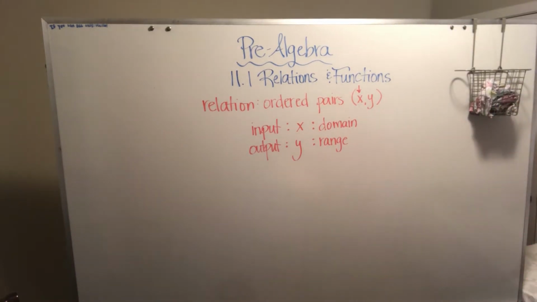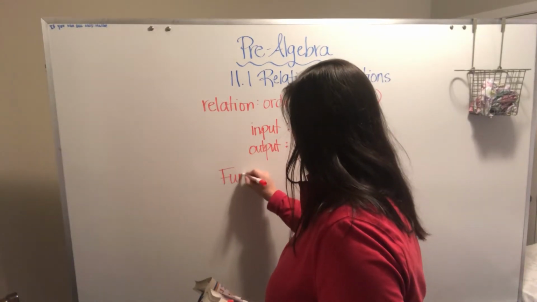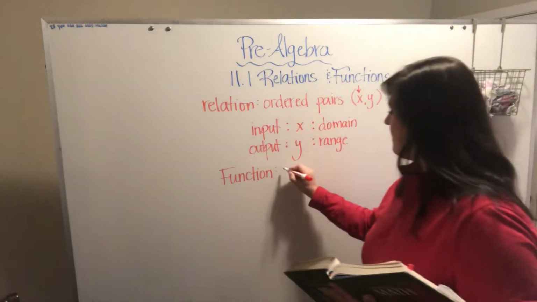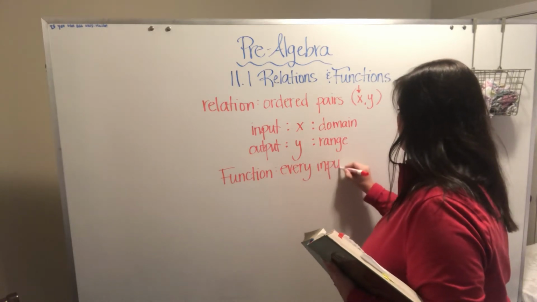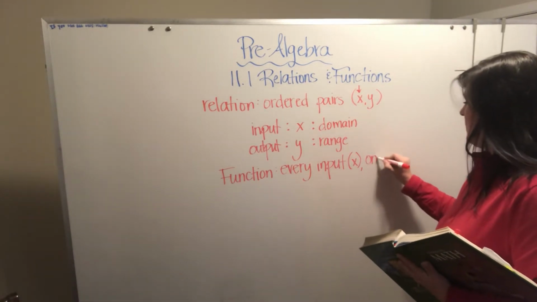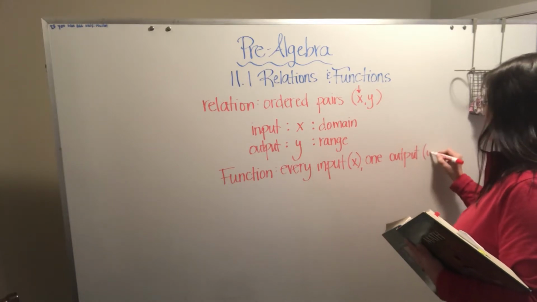So we have input, which we use for x, and domain. Output, we use y, and range. It would be a good thing to put that in your notes. Now, if we're going to call it a function, that means for every input, or x, there is one output, y.